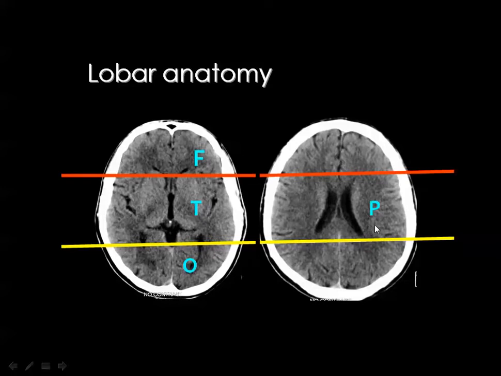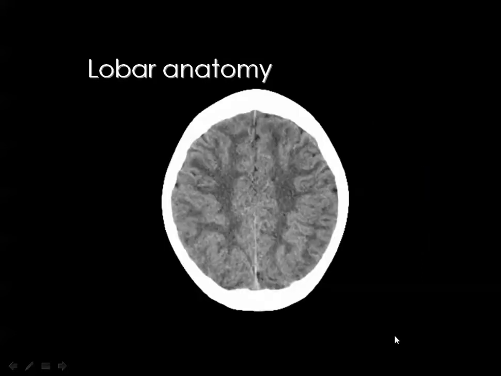How can you know whether you are cutting inferior or superior? Look at the third ventricle. If you see the third ventricle, then the section is inferior, and this is the temporal lobe. If you see the body of the ventricle, then the section is superior, and you see the parietal lobe. But what happens if there are no ventricles?